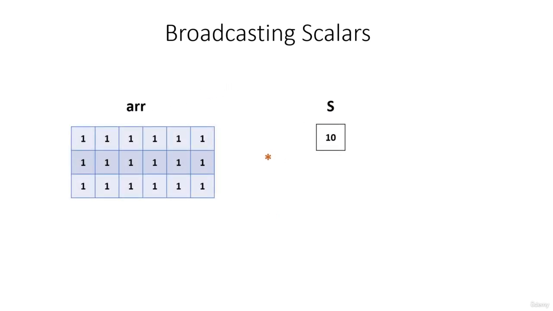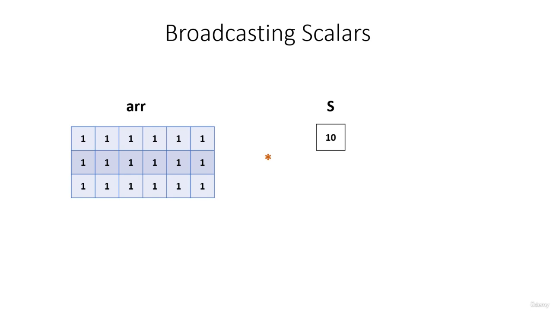Now, broadcasting works with multi-dimensional arrays and scalars as well. Here we have a 3 by 6 array represented by a variable ARR and a scalar 10. This multiplication operation will first replicate the scalar along the columns and then the rows so that the array shapes match.